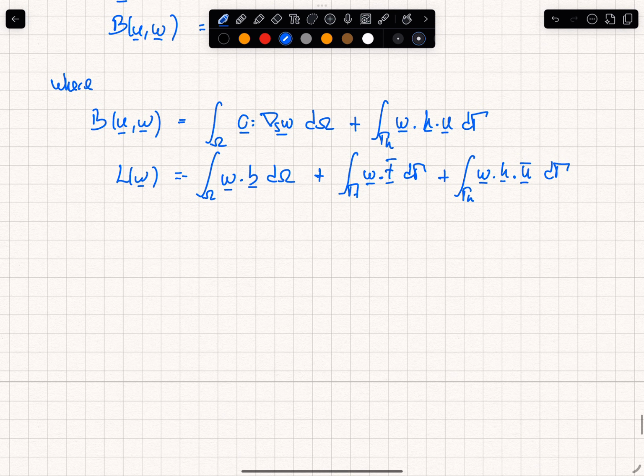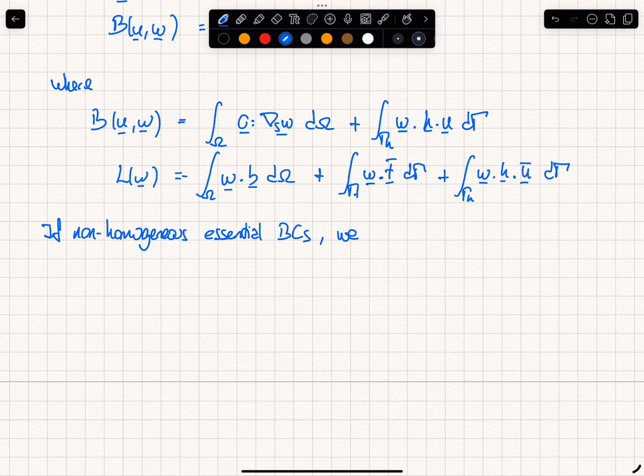And I will repeat what I said about boundary conditions. If we are dealing with non-homogeneous essential boundary conditions, we do the same trick.